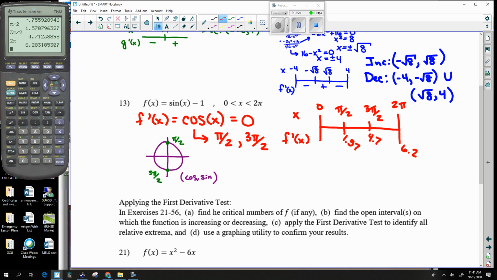Now I can properly test this. Between 0 and pi over 2, like 1, I'm putting this into my derivative, which is just cosine. It's positive. Pi over 2 to 3 pi over 2, like 2, this should be negative.